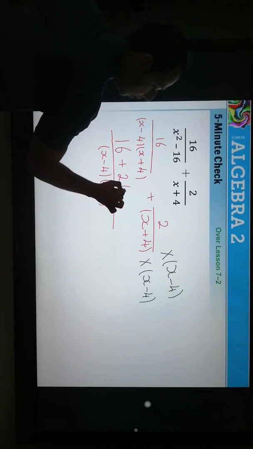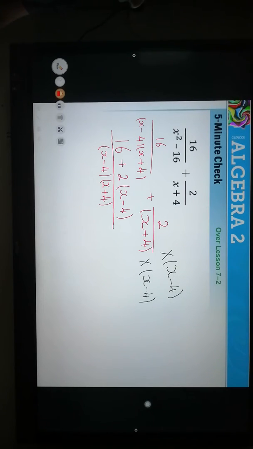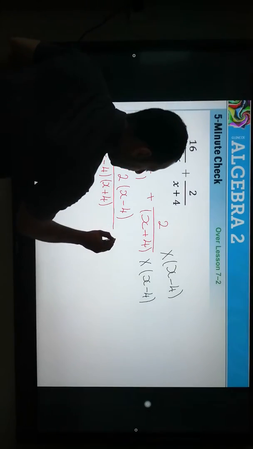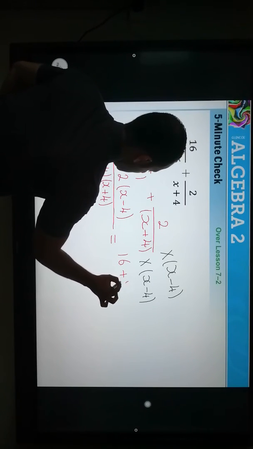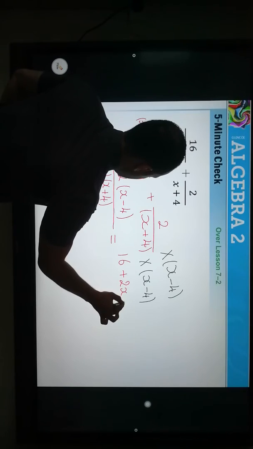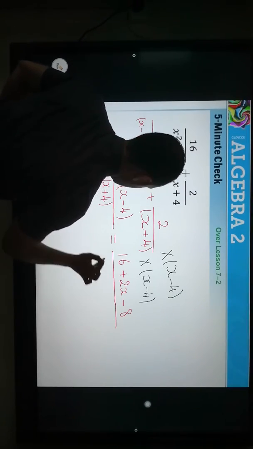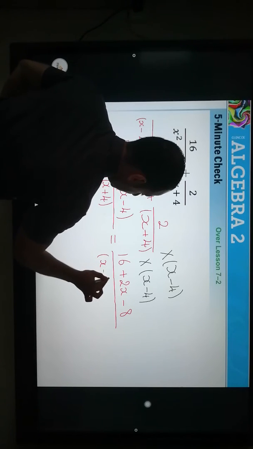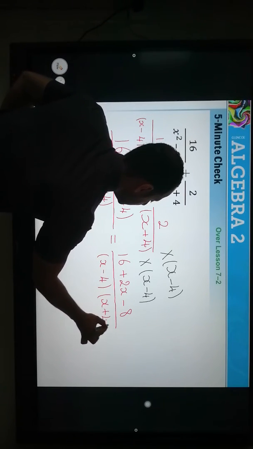So it becomes 2 multiplied by x minus 4. Distribute 2 by multiplying, the distribution property, becomes 16 plus 2x minus 8. After that, down we write the same denominator.